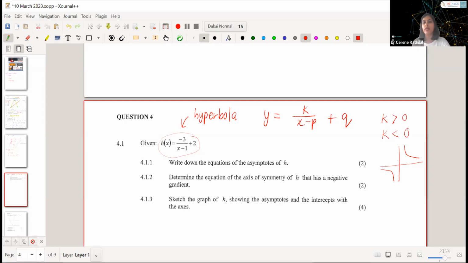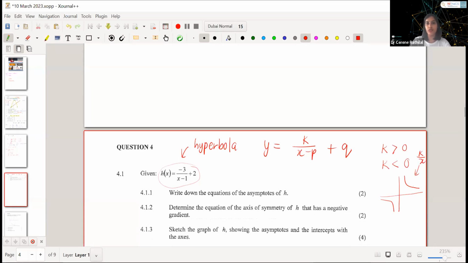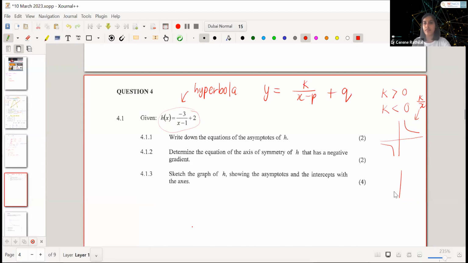It just depends on translations. So this is k over x, the general shape. If k was negative, then it lies like that in the second and the fourth quadrant. So here our k is negative, so I already know that my picture is going to lie in the second and the fourth quadrant.